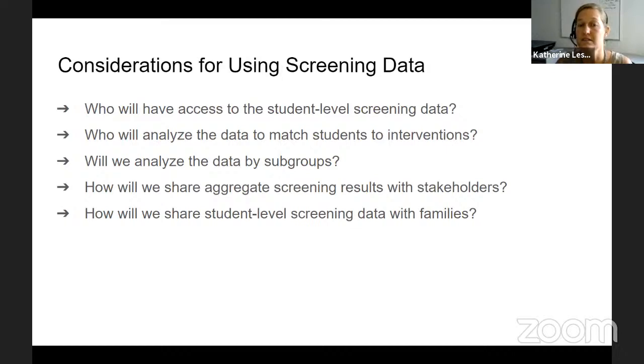How will this aggregate data, never individual student data, be shared with stakeholders, and where would it be appropriate to do so? And again, help make positive change for students. And lastly, how will families become aware of this student level data that's really impacting their student and their well-being and their readiness to learn at school?